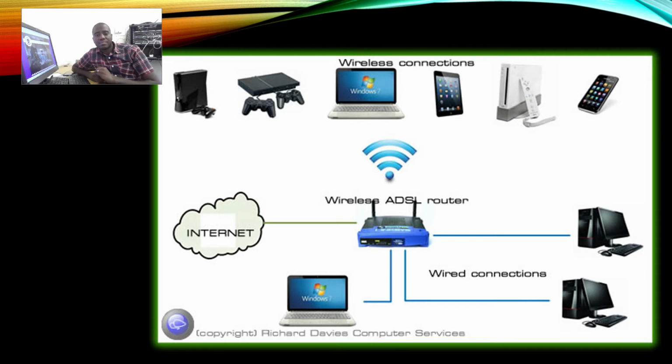This is a simple diagram showing the network most of you will be using. Here in the middle we have a wireless or Wi-Fi router. The popular one is what you call the Fritzbox, which most of you use. That can connect your laptop, your PCs, and it can also distribute Wi-Fi to your video games, your laptops, your phones, and your tablets.